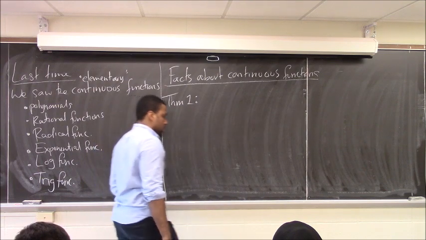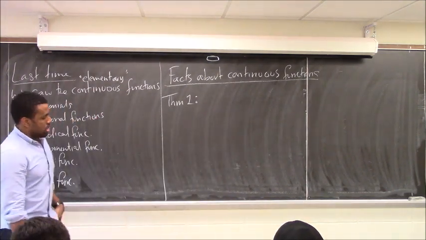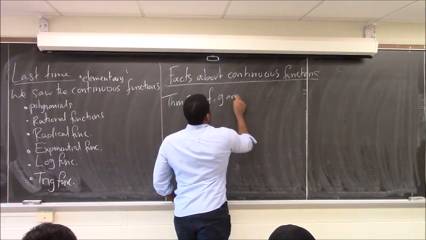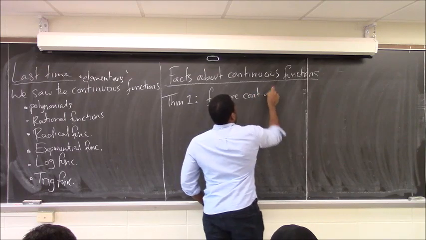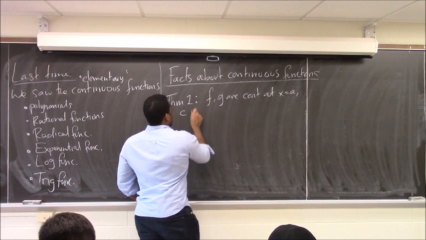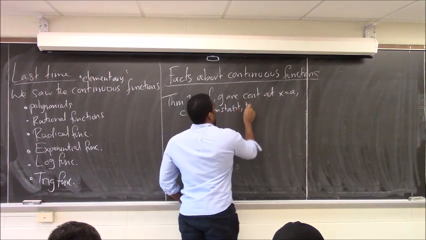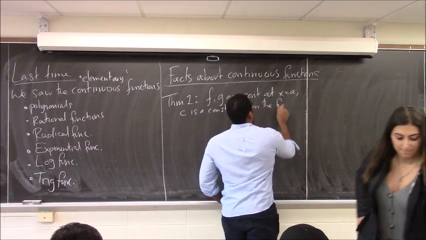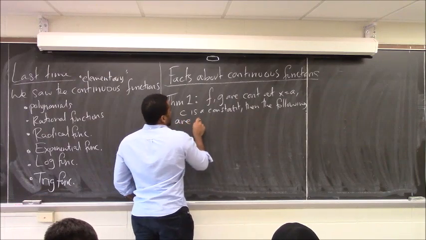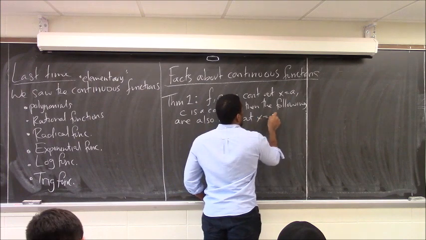And this is a theorem that says basically combinations of continuous functions are also continuous. So let's say f and g are continuous at x equals a, and c is a constant, then the following are also continuous at x equals a.